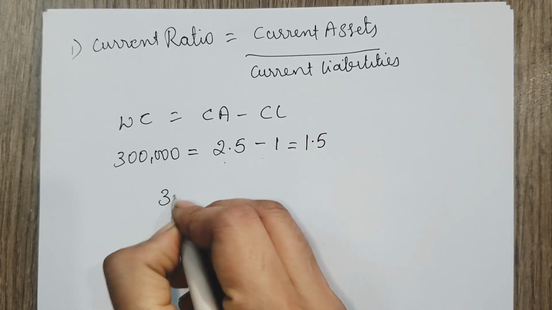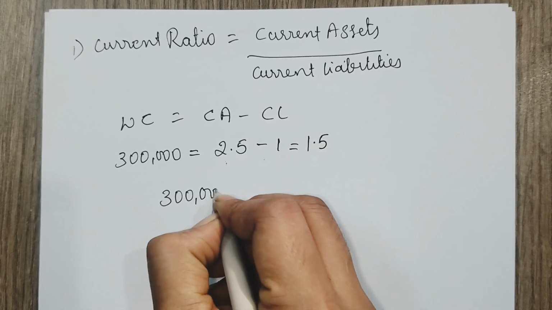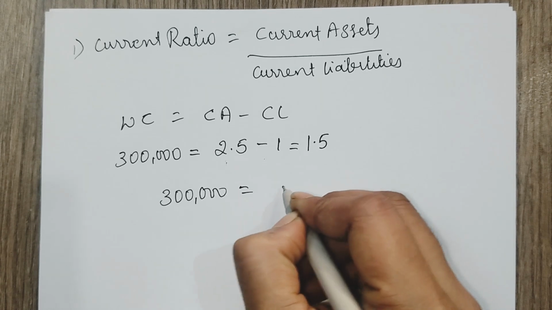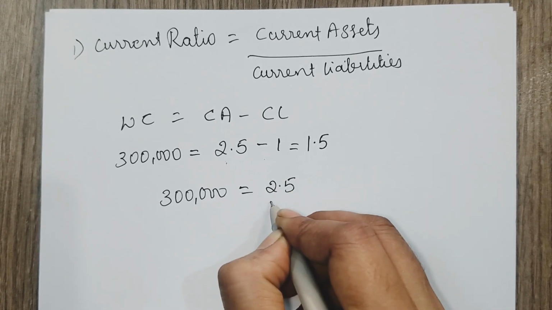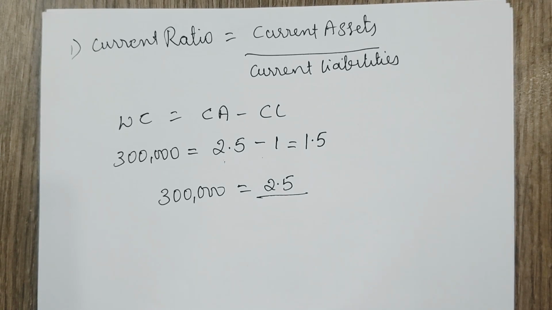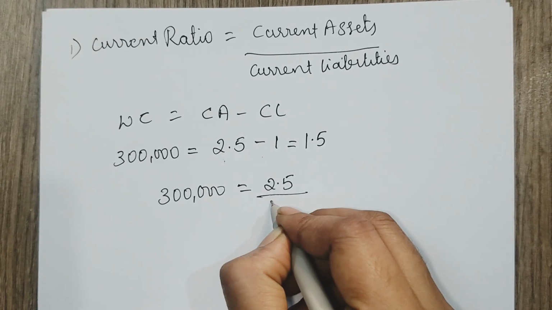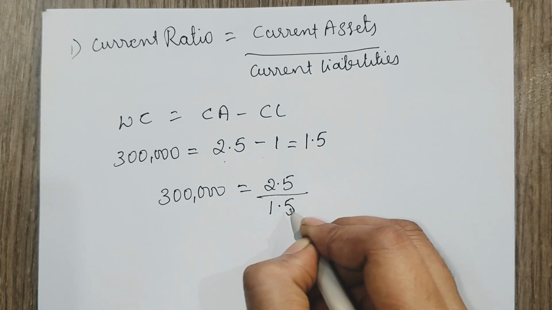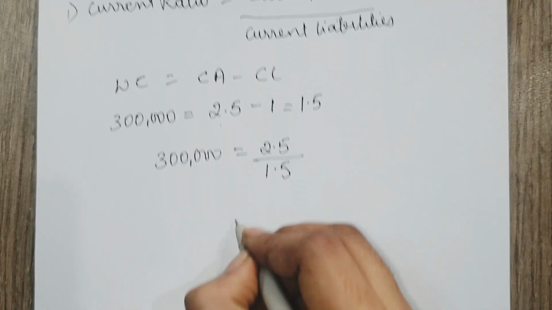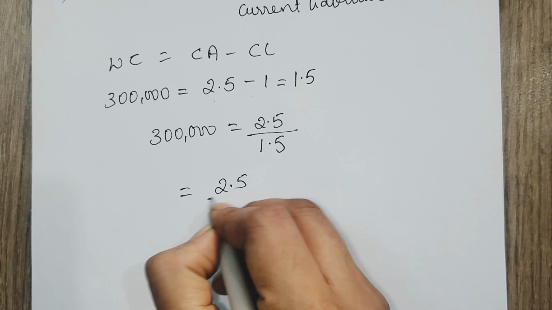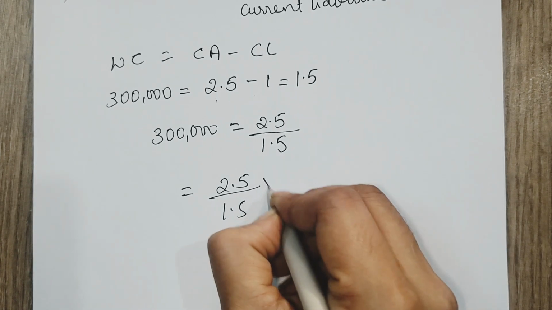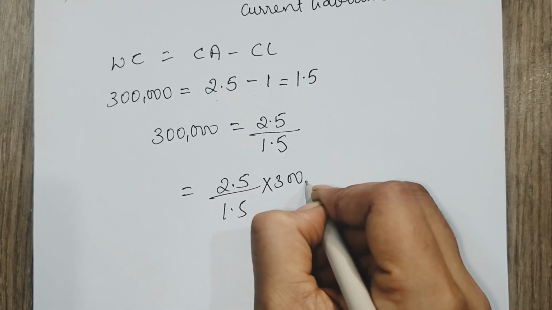Now 3 lakh is equal to current asset 2.5, current liabilities 1.5, so 2.5 divided by 1.5 into 3 lakh.